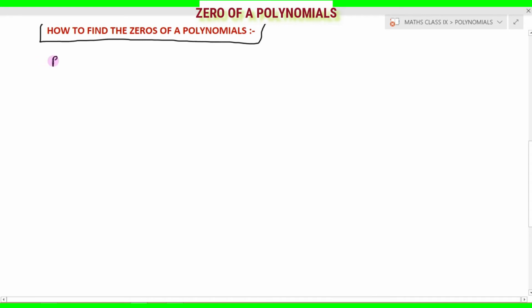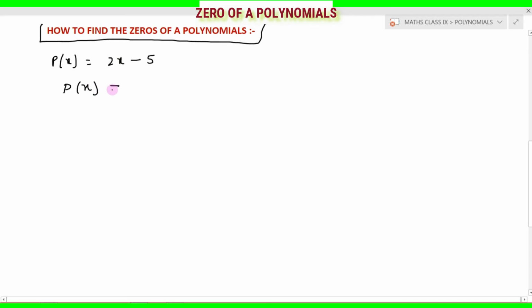Let the polynomial be p(x) equal to 2x minus 5. We want to find the zero of this polynomial. There is a very simple rule. We know the value of x for which the whole polynomial becomes 0. So the first step is to write that the polynomial must be equal to 0.